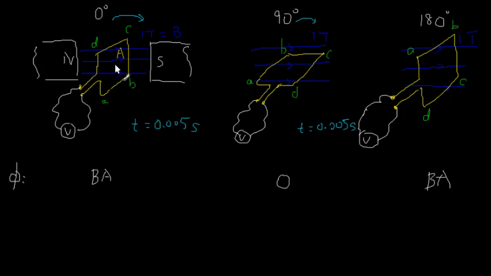If you do that, I believe you'll find that your fingers would be pointing in this direction. So therefore this is the direction that the current would start to flow in as it rotates from this position to this position.